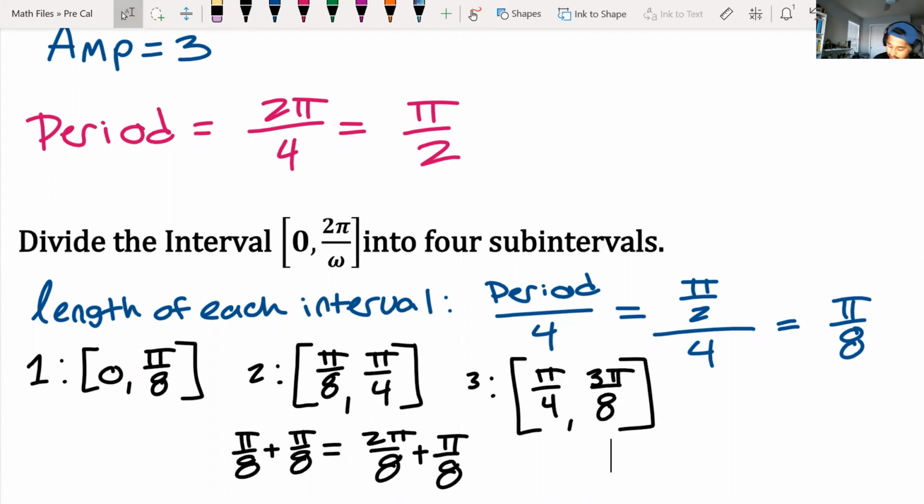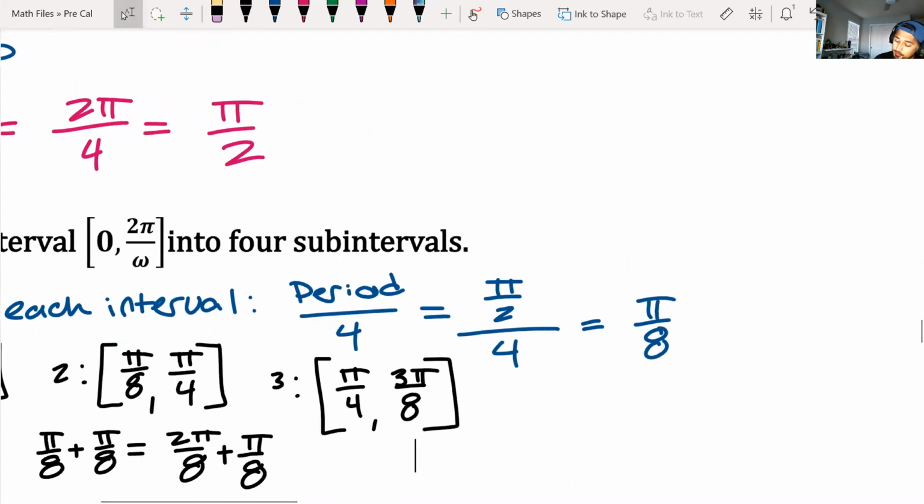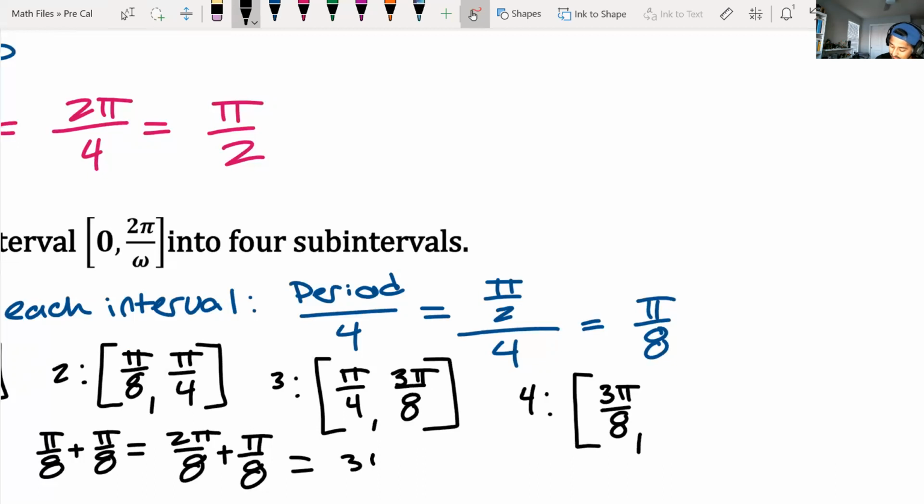Which means we're on our fourth and final subinterval. 3 pi over 8 is where we start, and you add another pi over 8. That'll give you 4 pi over 8. But what does that reduce to? Pi over 2.